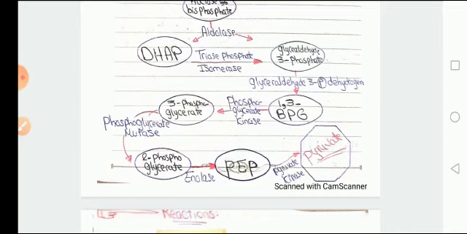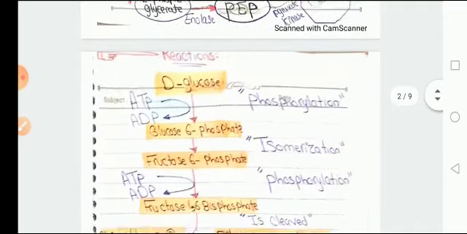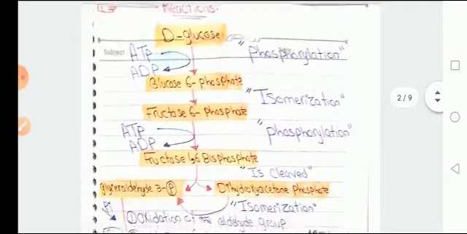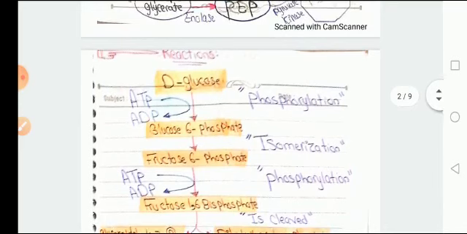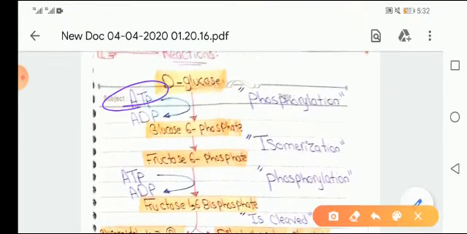Now we are going to go through each reaction in detail. First, phosphorylation of glucose to glucose 6-phosphate. This means that I need a phosphate group to be added to glucose. I got this phosphate group from ATP, leading to production of the first ADP molecule and the loss of the first ATP molecule.